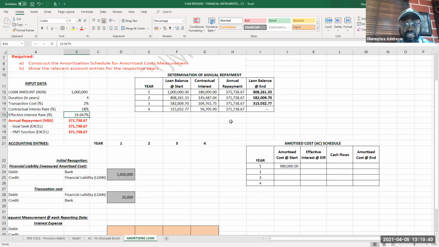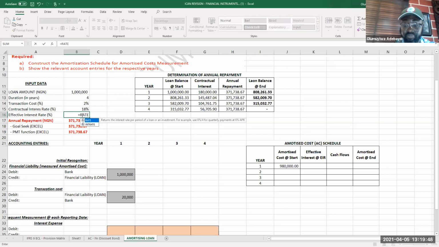But again, we can determine the effective interest rate without using what is given to us. How do you determine it again? We said we can use RATE. Let me use RATE. What is our rate?